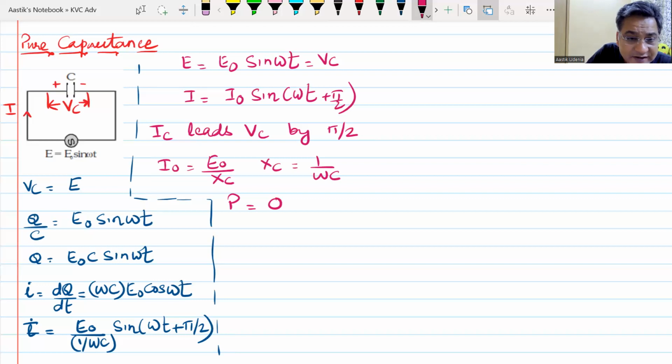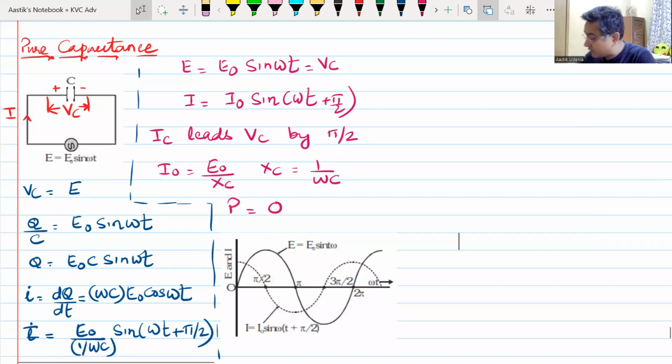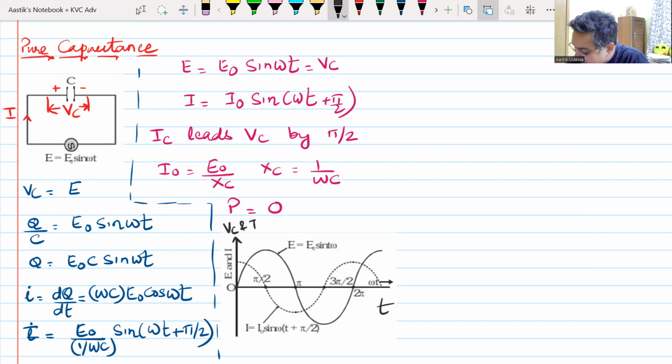Now is the time that I have to draw the diagram of E and I, or VC and IC, with time or phase angle. So you can draw the time here, and on this axis you have drawn VC and IC.